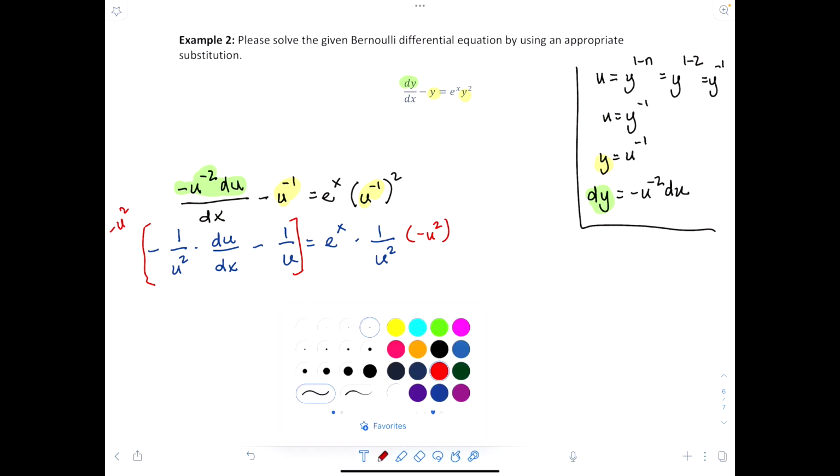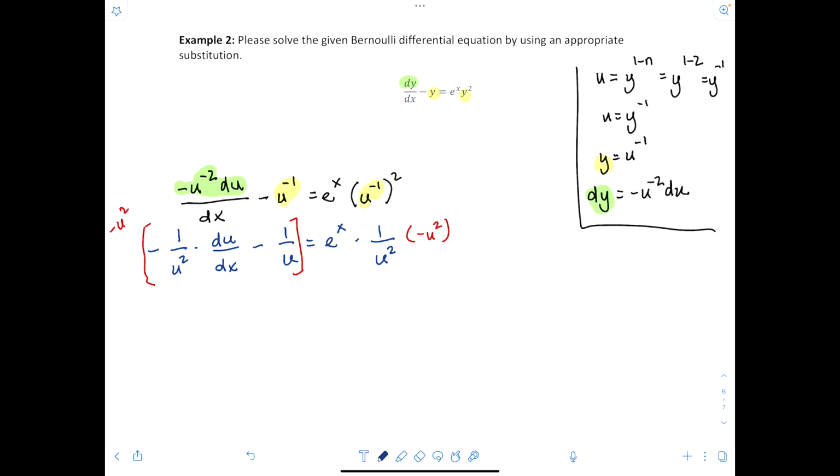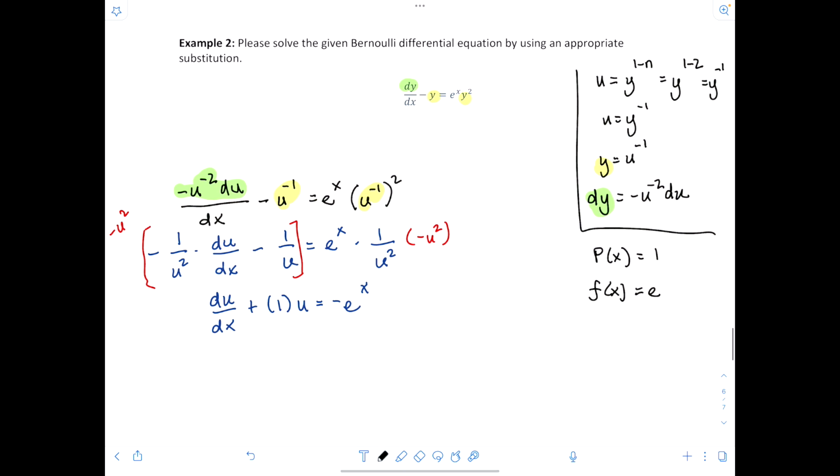Now this will give us du dx plus, I'm going to say 1 times u, so I can get my p of x, is equal to negative e to the x. Now this one is in linear form. So coming back over here, my p of x is positive 1. My f of x is negative e to the positive x.